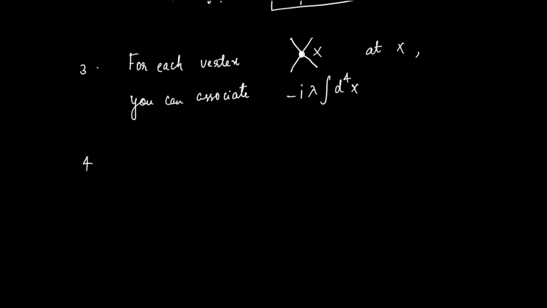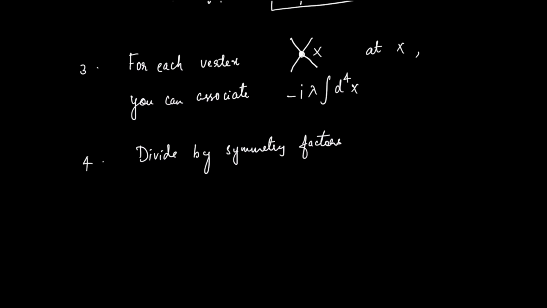And the fourth one is the last step, which says to divide by symmetry factors for the diagram. So from each diagram, by applying these rules, we can obtain the analytical expression.